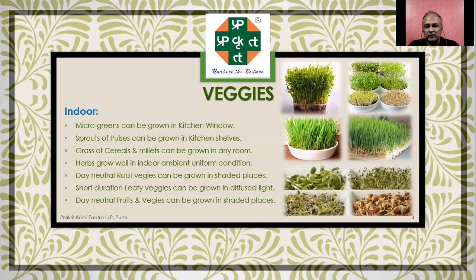So we grow and prepare these sprouts in our kitchen. This can be done in the kitchen, and for this a specific kind of utensil is available in the market. Different kinds of sprouts can be produced at home only.